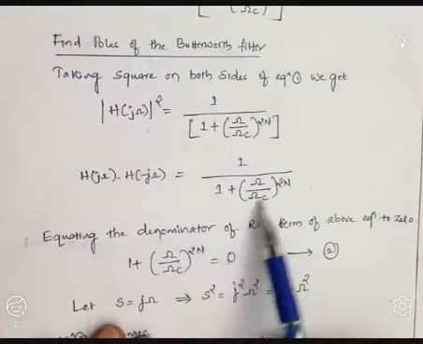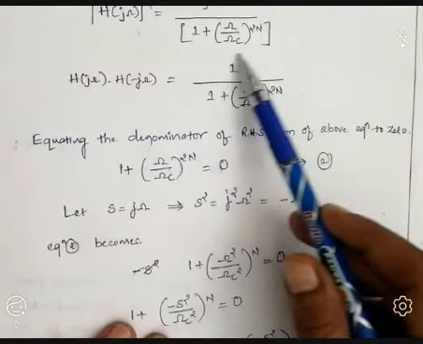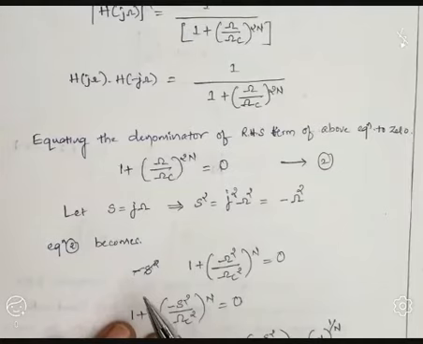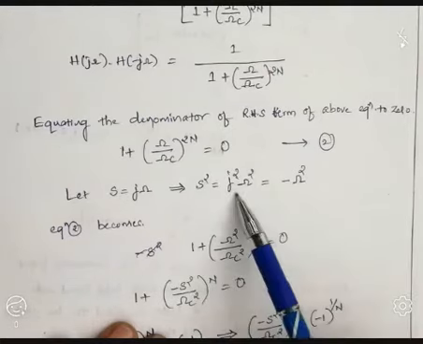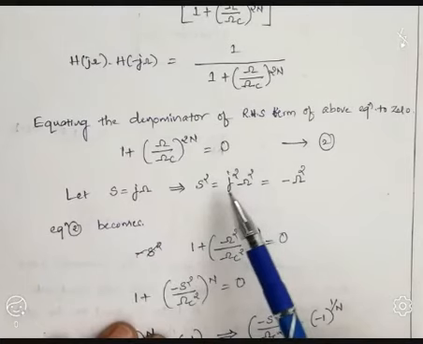So that is 1 plus omega divided by omega c to the power 2n equal to 0. Let us assume s equal to j omega. If s equal to j omega, then taking the square on both sides, s square equal to j square omega square. J square, we know, is minus 1. Hence it becomes s square equal to minus omega square.